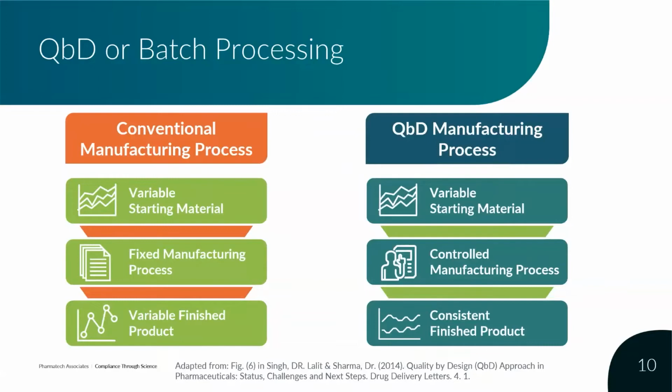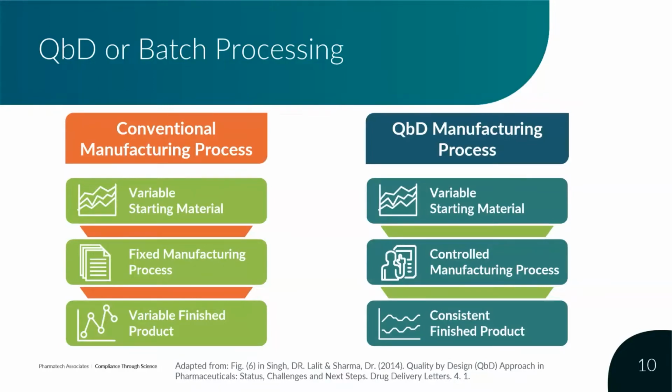So this quality by design model is differentiated from the classic batch manufacturing process by the determination of a design space. And this is a space which delineates or maps, if you will, the adjustments in the process that can be performed to ensure quality in the finished product.